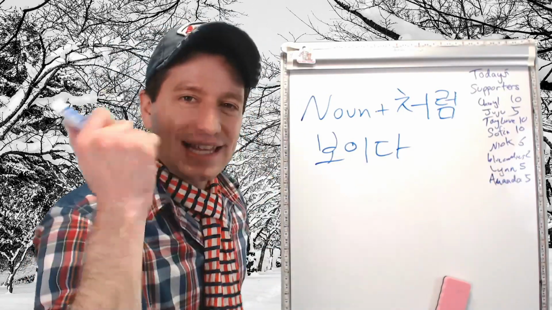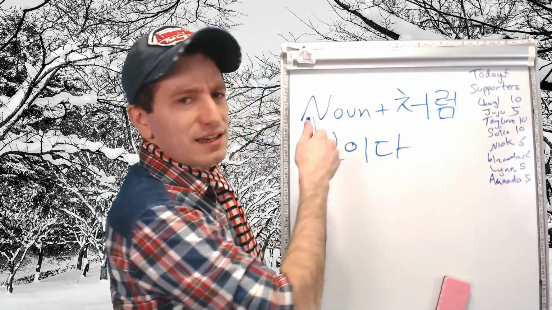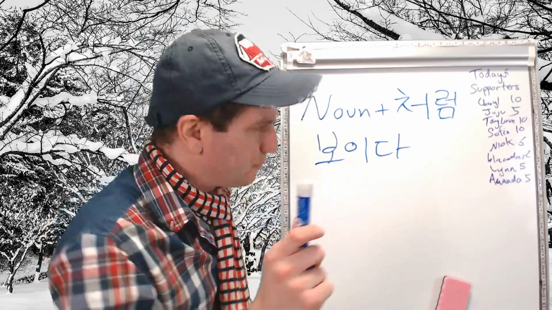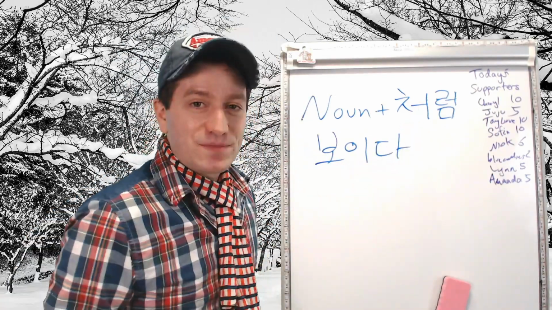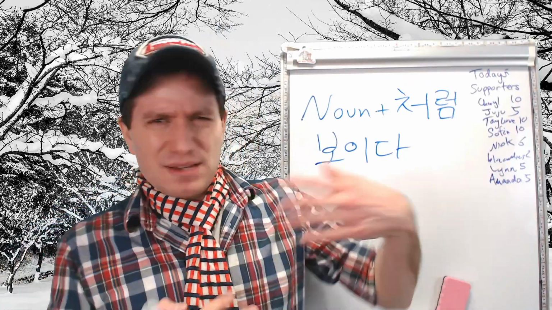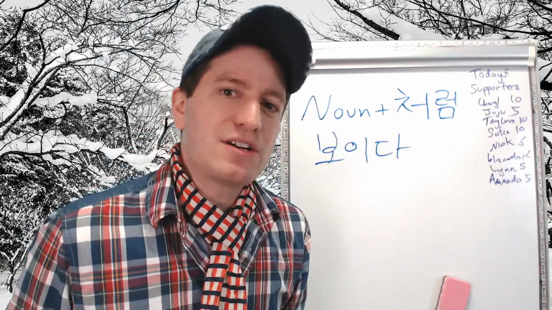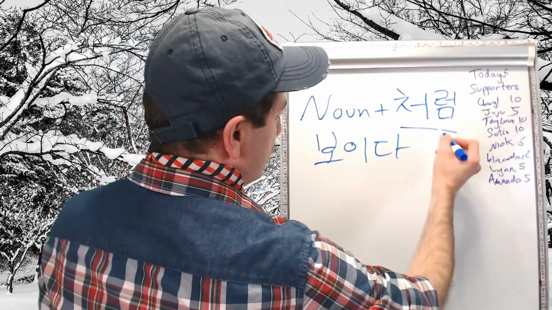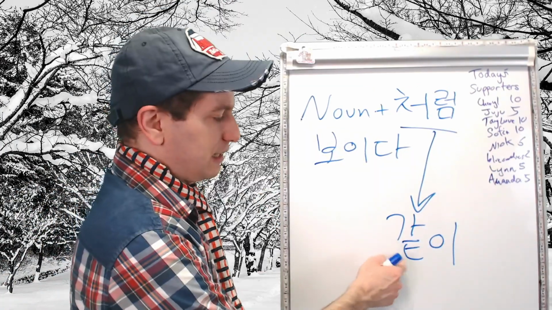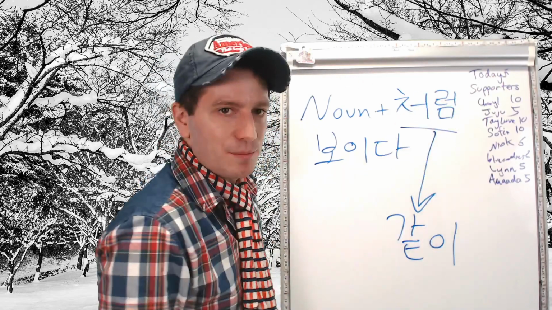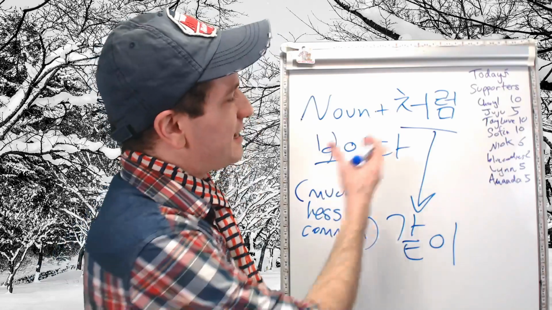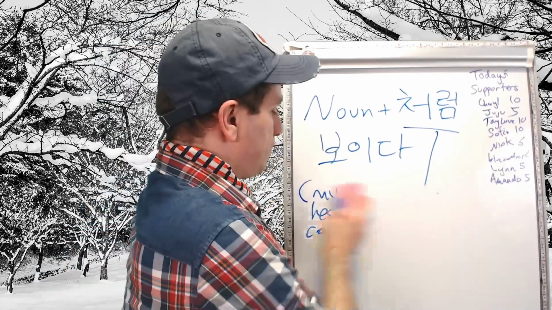So if you want to say that someone or something looks like something else, looks like any noun, all you need is 처럼. 처럼 means like or similar to. It's for making comparisons. This means to look like noun. Instead of 처럼, you might also see 같이. 같이 can replace 처럼. However, using 같이 is much less common. So you might see both of these forms used.